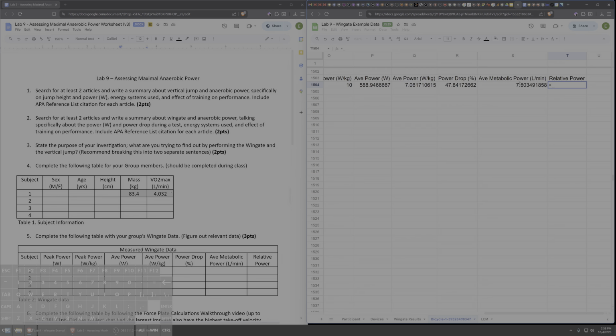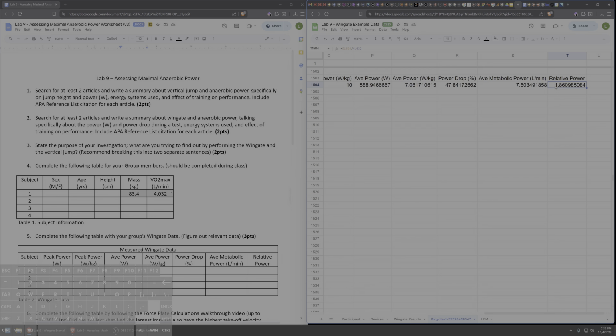So now we'll take average metabolic power and divide it by that person's VO2 max, in my case 4.032, and this says my average metabolic power for this was 1.86 and change, times higher than my VO2 max. Okay, there's no way I can maintain that for any amount of time using oxygen because it's so much above my VO2 max. So yeah, that makes sense.